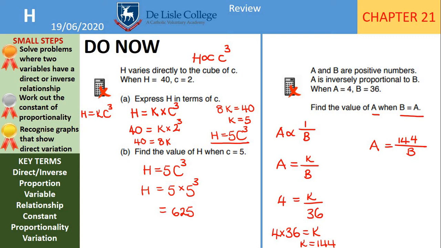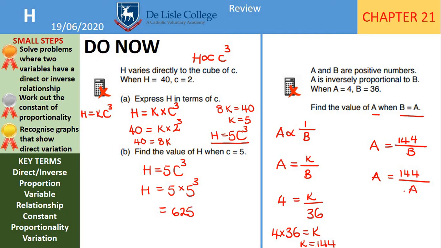We've not seen one of this type so far, but it is in one of the review questions a bit later on. So let's look at this. All we need to do is, I want b to be equal to a. So all I'm going to do is replace b with a here. So a will be equal to 144 divided by a.